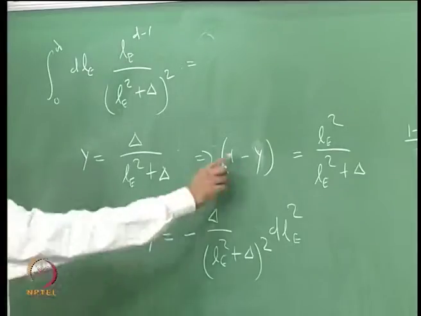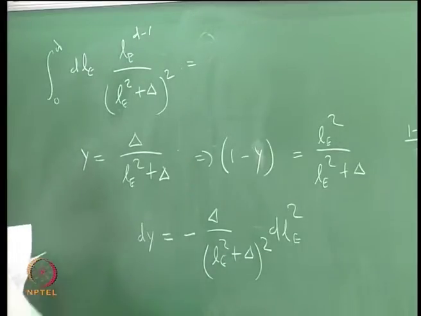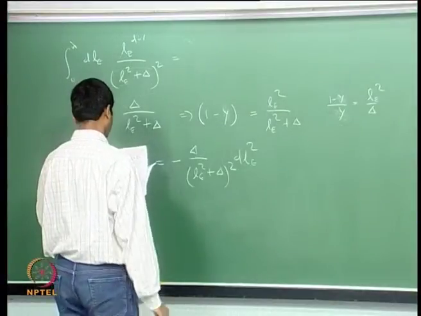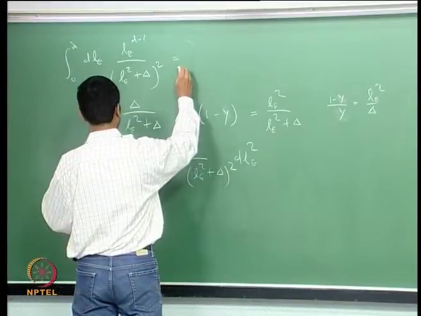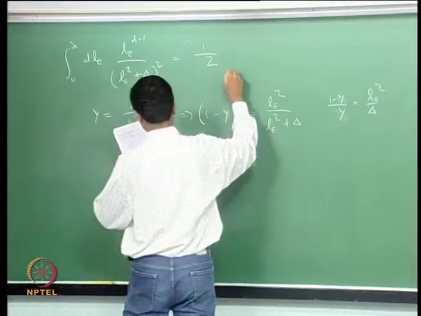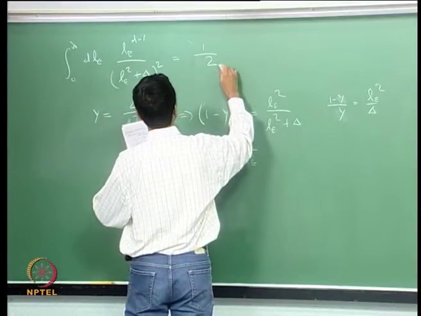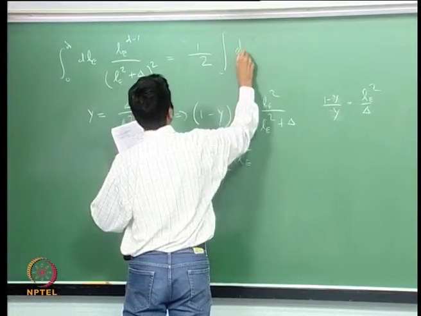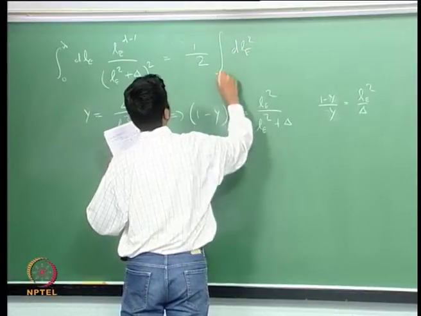So when I substitute all these things, what I will get here is 1 over 2, dL_E square, 0 to infinity.